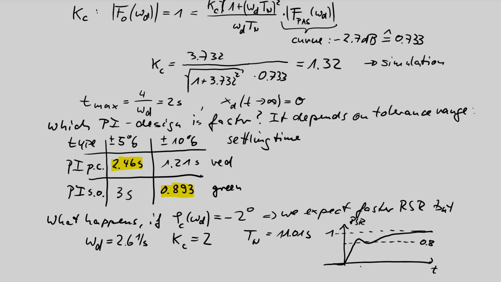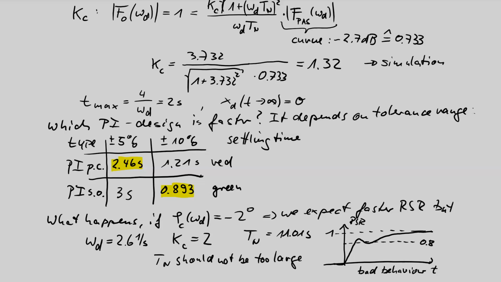And this is bad behavior. So Tn should not be too large. Or in other words, if we see a PI reference step response like this, then this is an indication that your Tn is much too long.